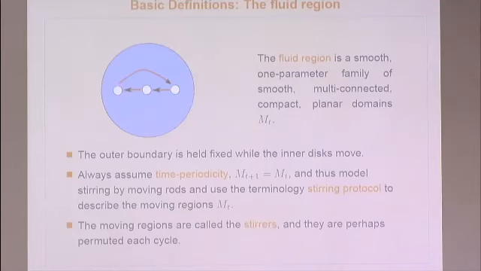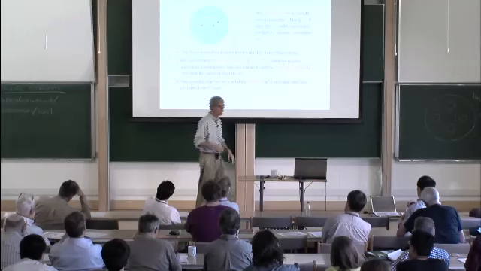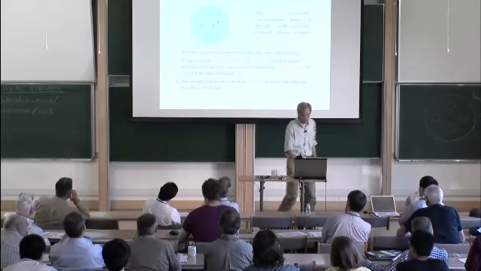So again, for the protocols we're thinking of, the outer boundary is fixed and the inner boundaries move. And the stirring is periodic, so that means the regions come back to themselves after time 1. And I'm going to call them a stirring protocol, as I already did. And the inner boundaries are called the stirrers, and they don't have to come back to themselves. Perhaps they're permuted on each cycle.